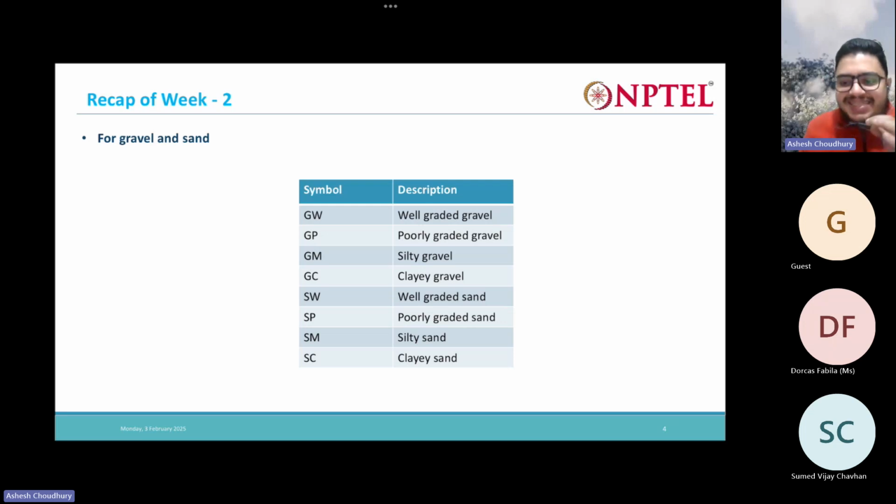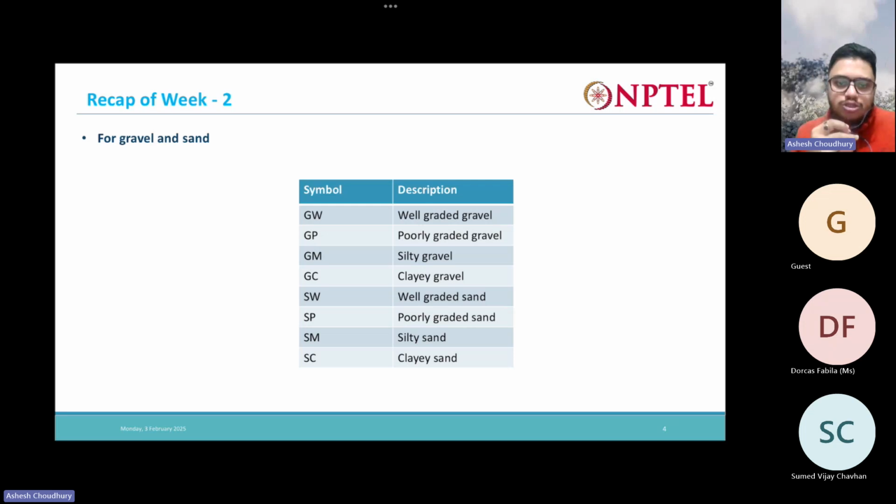Now for gravel and sand. These are coarse grained soil. For coarse grained soil such as gravel and sand, we can have these possible symbols. GW means well graded gravel, then GP, poorly graded gravel, then GM, silty gravel, GC, clayey gravel.